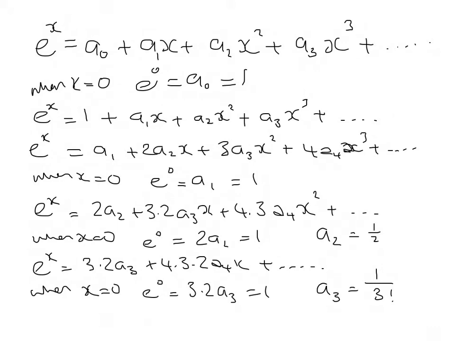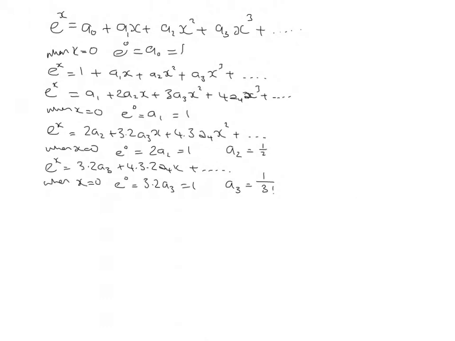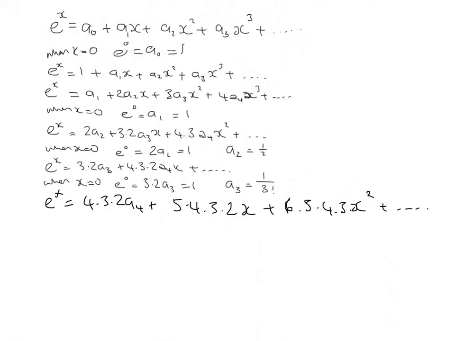And hopefully you can see that we could just keep doing this. We could differentiate again. e to the x is 4 times 3 times 2a4, and then the next term is 5 times 4 times 3 times 2 x, and then the next one will be 6 times 5 times 4 times 3 x squared, because the 6 and the 5 and the 4 and the 3 would have come down, but not yet the 2.